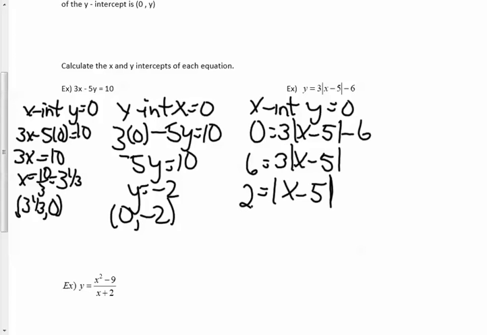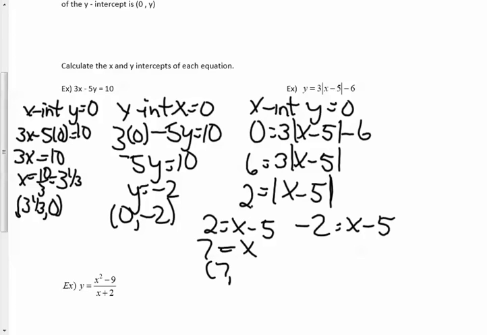Now, if you recall, you're going to have two different equations. It's going to be set equal to 2, or it's going to be set equal to -2. So in this case, I have two x-intercepts. They are 7, 0 and 3, 0.